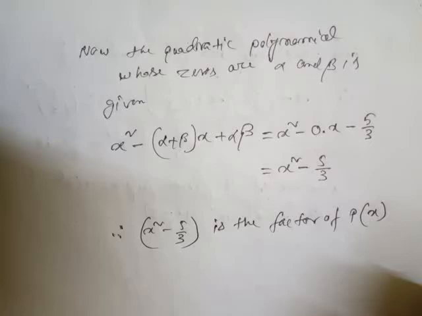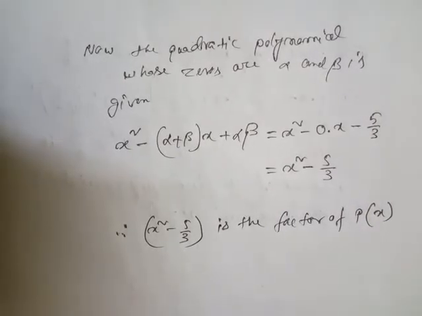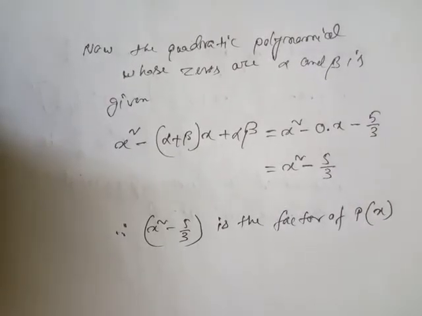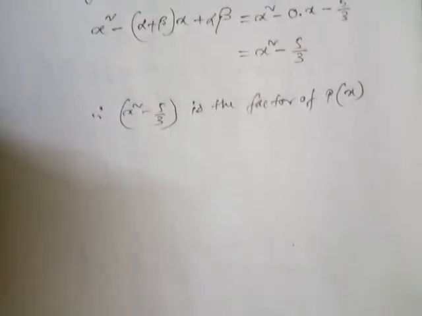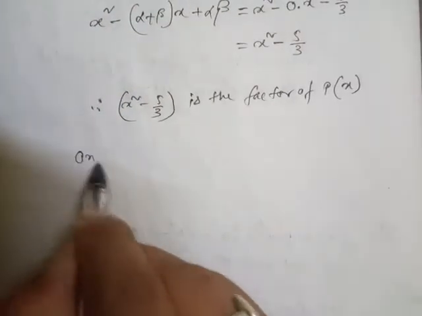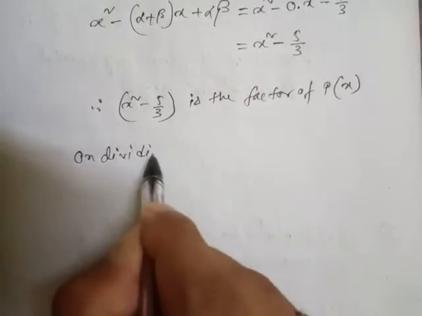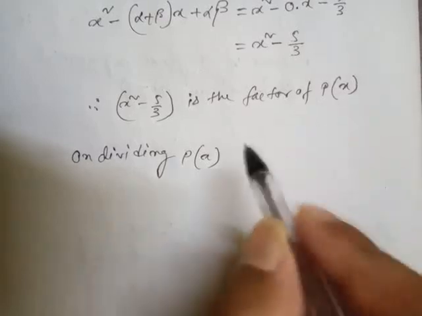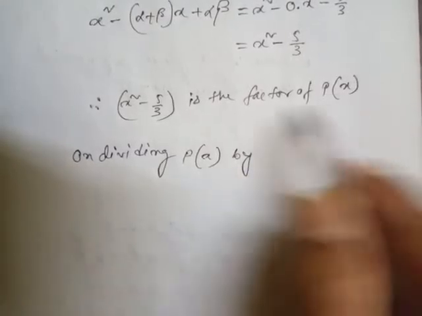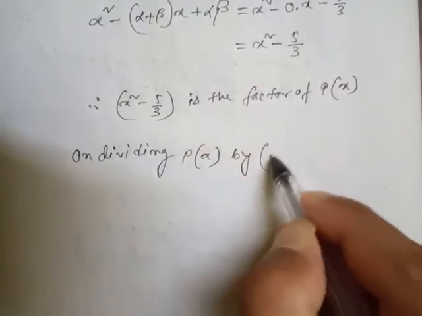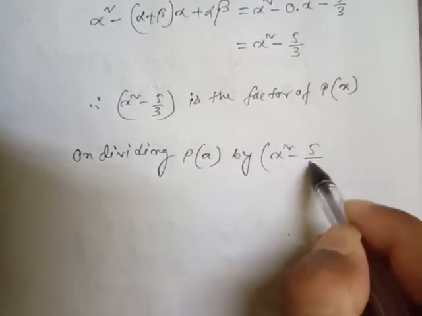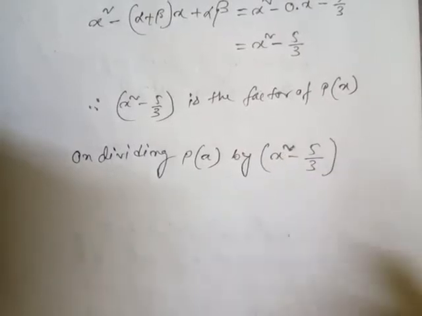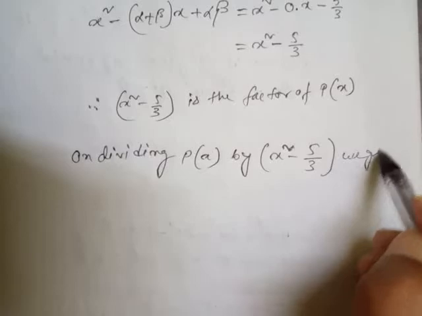Now p(x) is given already. Now we are going to divide this one and we need to find out the other two zeros. So here we'll write that on dividing p(x) by this value, which means x square minus 5 by 3, we get. Now we'll go for the long division here.